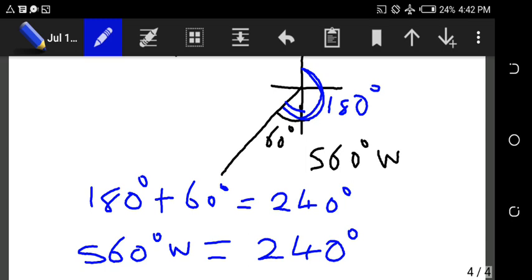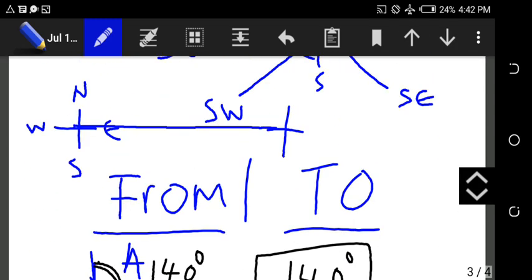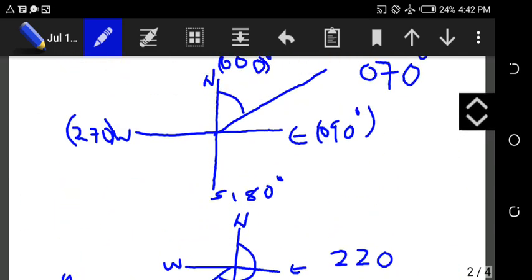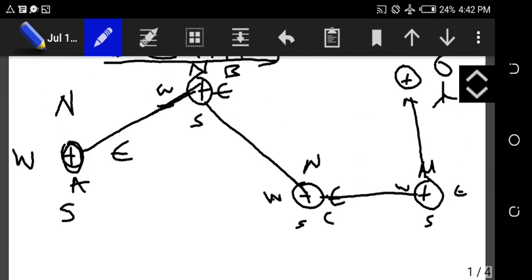We're still going to look at how we can apply this bearing to solve problems dealing with distances, but for now we're just looking at the basic concept that we need to master: the concept of compass bearing and the true bearing, which is always a 3-digit number.